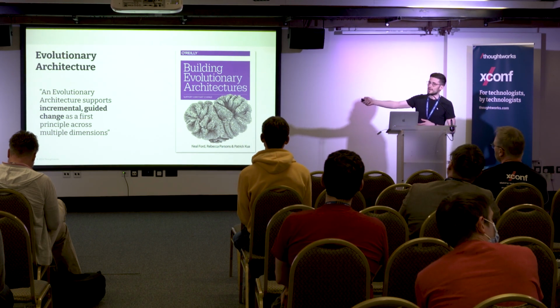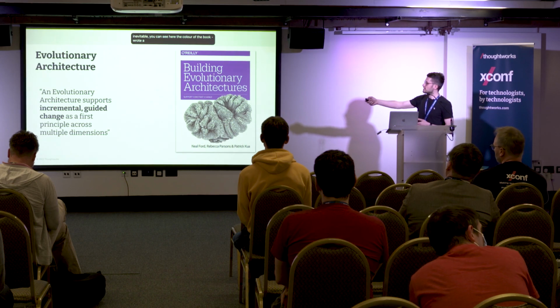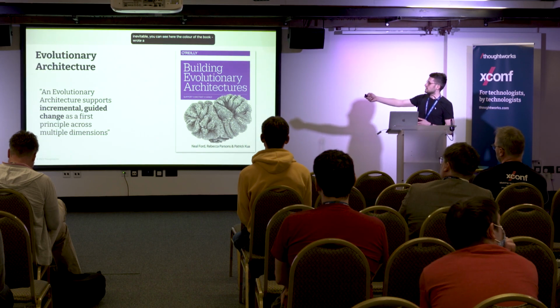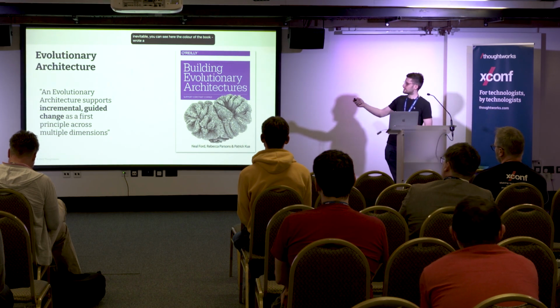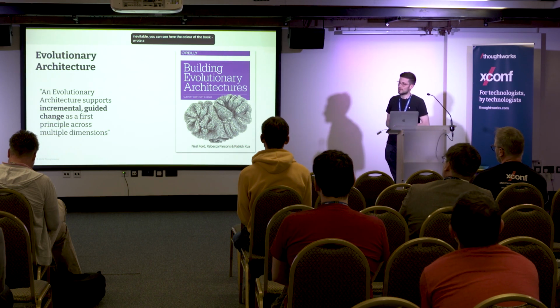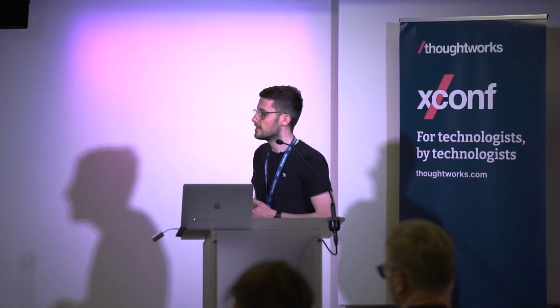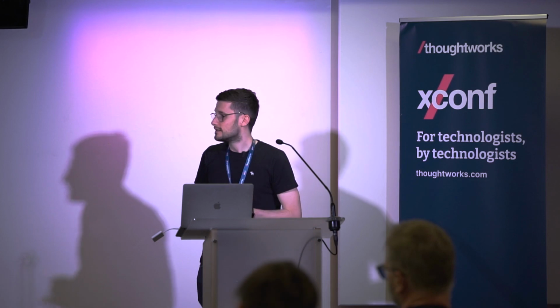In there, they define an evolutionary architecture as an architecture that supports incremental guided change as a first principle across multiple dimensions. Where incremental means that evolutionary architectures are done one part at a time in many different increments, supported often by continuous delivery practices.